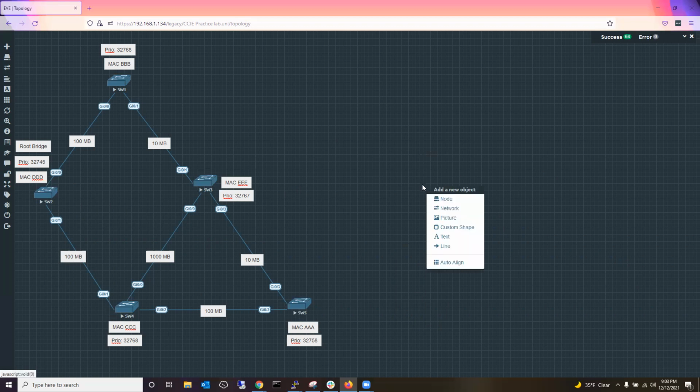I'm just looking at it: since switch 2 is the root, the 100 meg gigabit 0/2 is a faster connection to get to the root. So that's why I'm saying that would be in the forwarding state. No, you're good. Keep going.